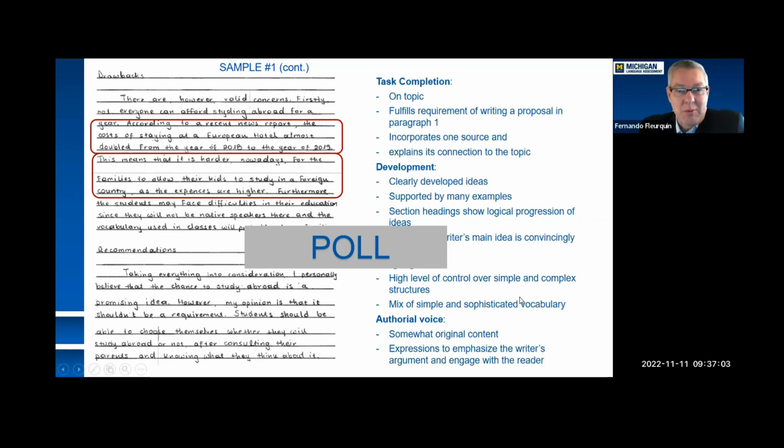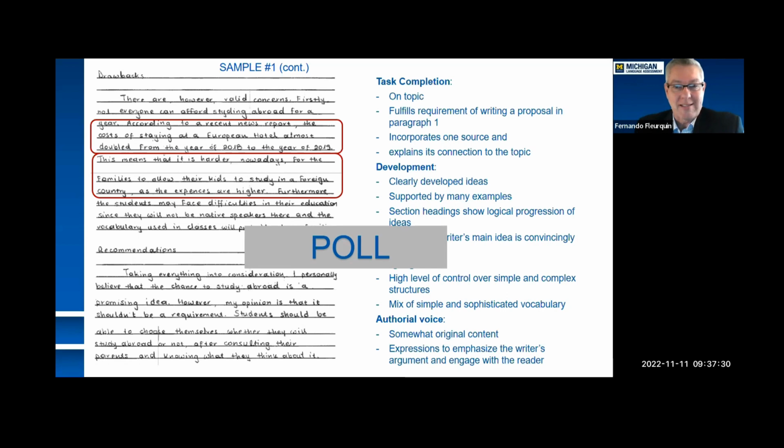Let's see what everybody thinks based on how carefully they were paying attention. How would all of you rate this as a high pass, pass, fail, or low fail? We're not using the entire rubric in this case, but it's basically to give you a little bit of practice. So let's count down: 5, 4, 3, 2, 1.